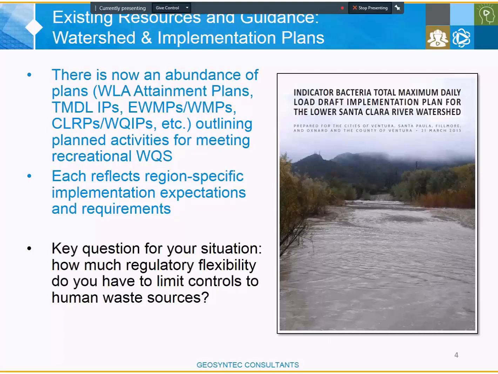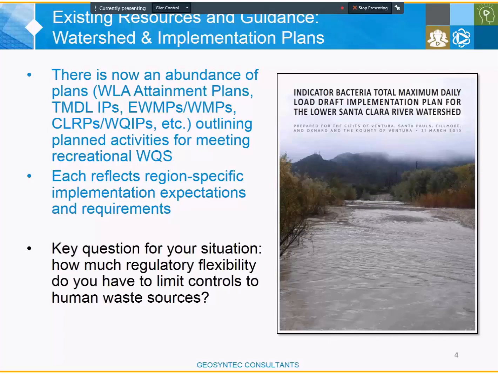I think what the casual observer will notice when they look at these in totality is that each one is so different across regions, because the region-by-region expectations are starkly different. The ones in the Central Coast Board, which are mostly for Phase 2 agencies, are mostly non-structural BMPs, and the costs to implement them are very small.